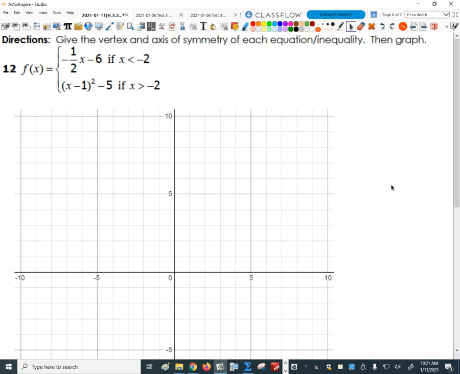So what happens here if we get a piece that's nonlinear, a piece that's quadratic? Really, this is just a disguised way for me to get a little practice with the quadratics, but it's a different context, and it's worth taking a quick look at. So what do you think? How are we going to approach this one? Suggestions. Sarah, what might I do here to tackle this piecewise function?